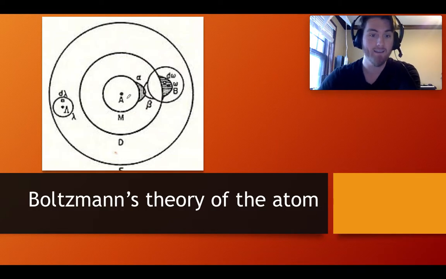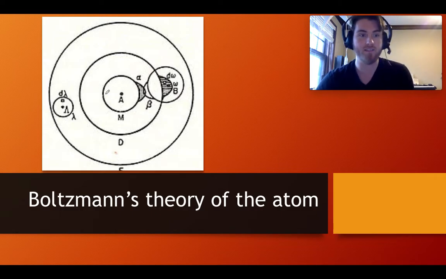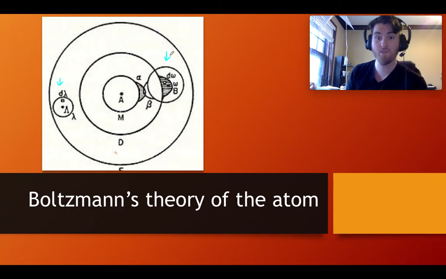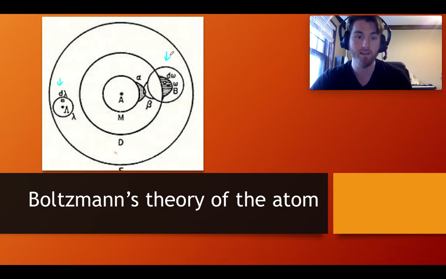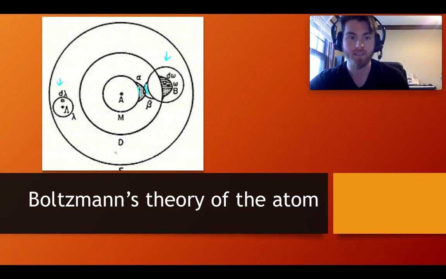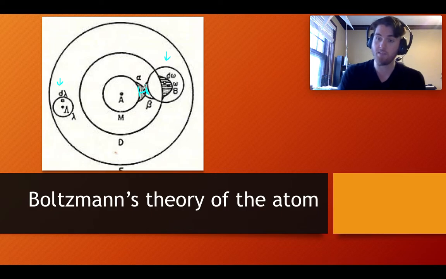He said that inside each specific atom, there are these little zones here and here that correlate to a specific amount of energy denoted by this change. These are points that have a change in distance between them, and they correlate to an amount of energy.